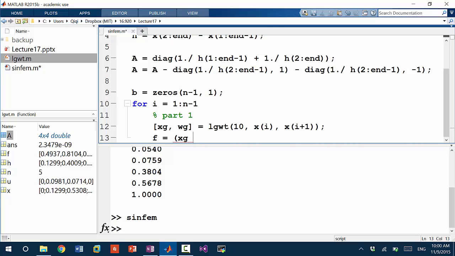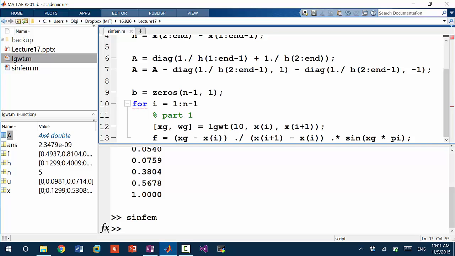So it is xg, the location of the Gauss quadrature, minus xi divided by xi plus 1 minus xi. This is my basis function, and I need to also multiply this by my right hand side, which is sine of xg times pi.